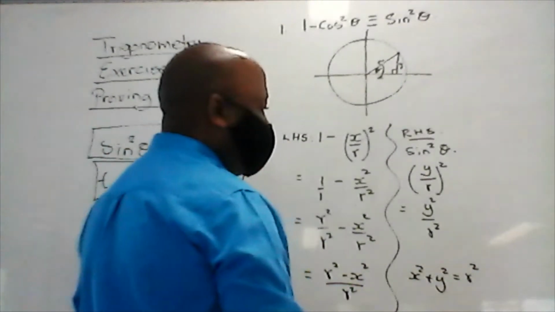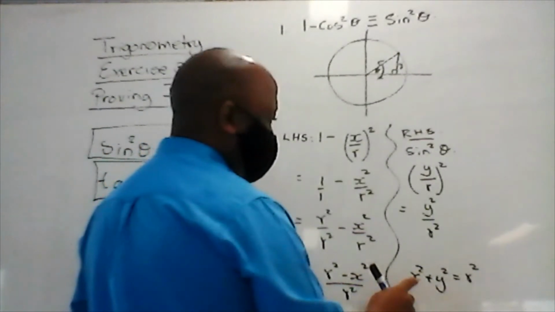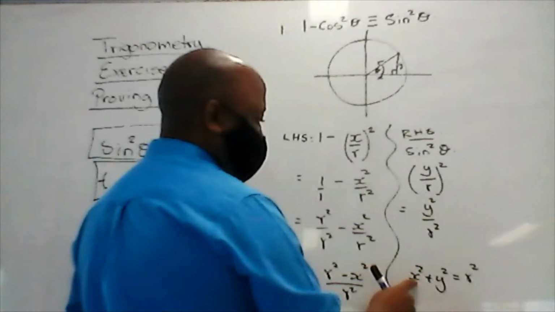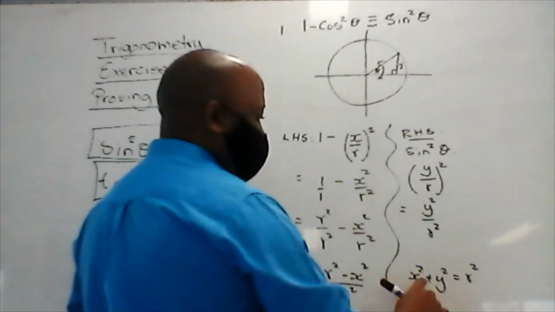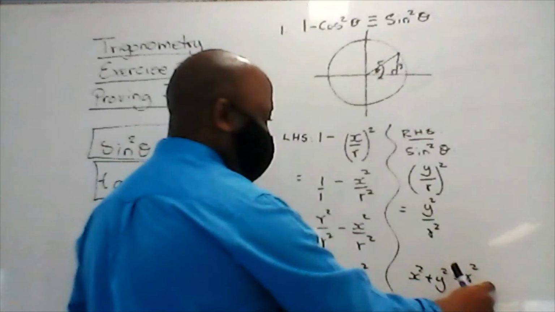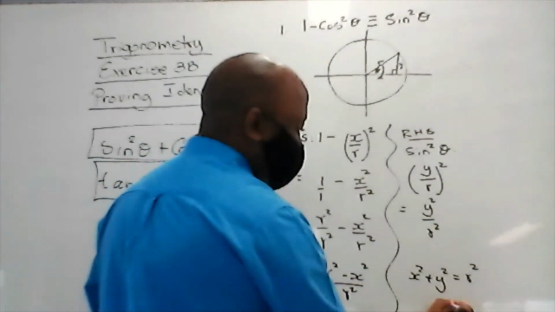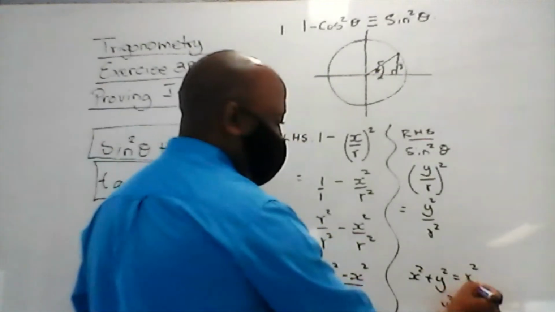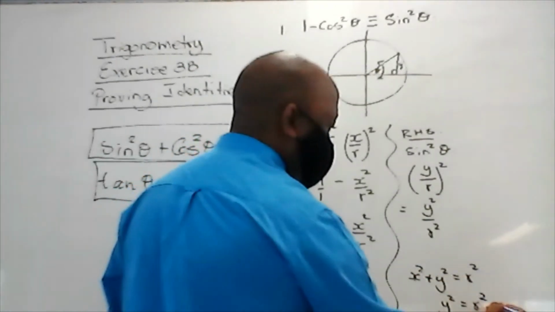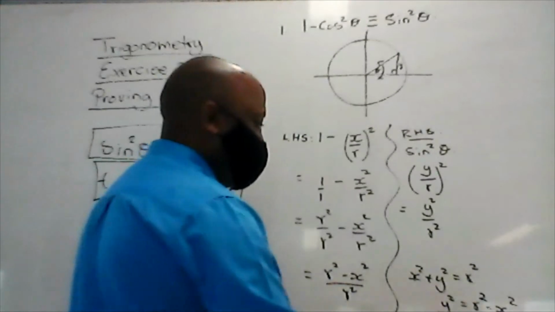So if you wanted an x, you would take the y to the other side, or if you wanted a y squared, you would take the x to the other side. y squared is the same as r squared minus x squared.